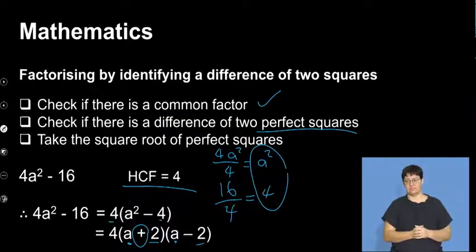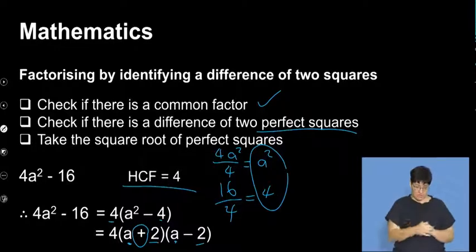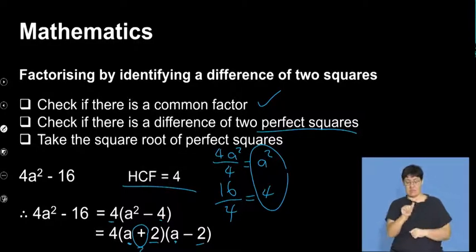Let's just test one more. If I multiply out here, firstly you multiply the brackets and then multiply the 4 after. A multiplied by a will give me a squared. A multiplied by minus 2 will be minus 2a, plus 2a, then minus 4. You can already see that the middle term is going to cancel.